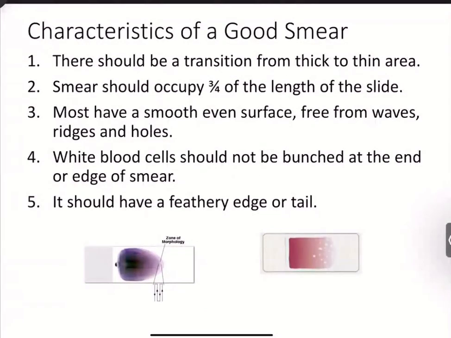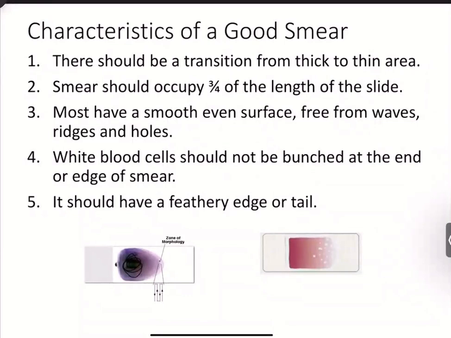Characteristics of a good smear. There will be a characterization of your good smear. You can see if your smear is good or not. There should be a transition from thick to thin areas. There should be the presence of the body here and the zone of morphology in the tail.